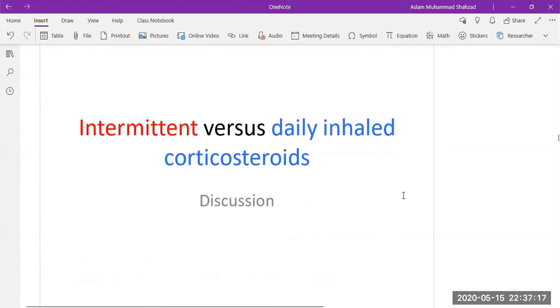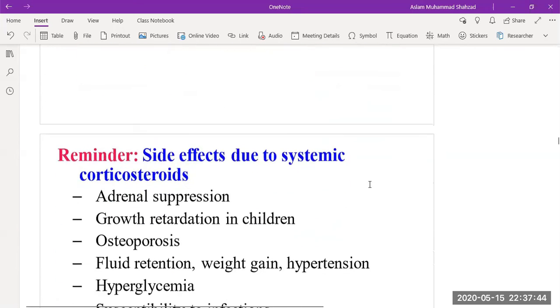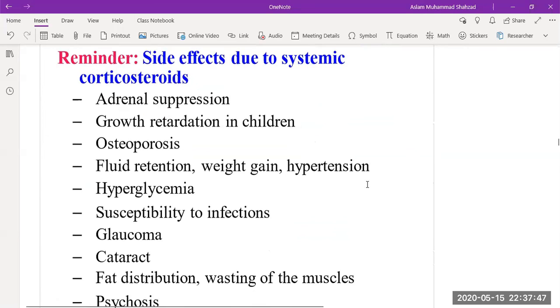So there is a discussion about whether we need to give corticosteroids intermittently or we can give them daily. In clinical practice, daily inhaled corticosteroids were not common because patient compliance is an issue. So sometimes the doctor prescribes them intermittently, which is not approved by the FDA. So a debate is still going on. Reminders for the side effects. The key side effect of corticosteroids is adrenal suppression, as discussed before.